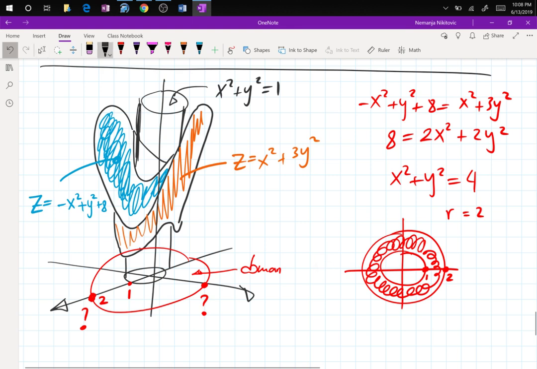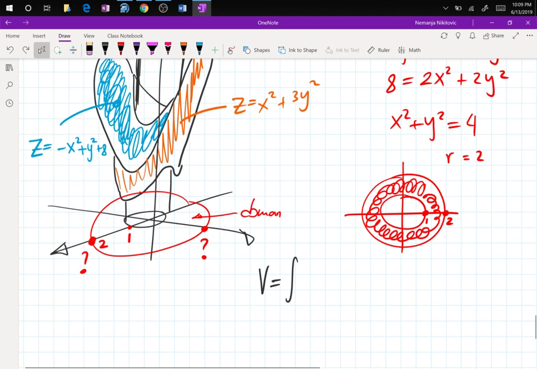So now I have my volume integral as a double integral. My scrolling is locked. There we go. So double integral. Well, let's start. There's no room, so I'll move it. Okay, so double integral, and I have the blue one on top.